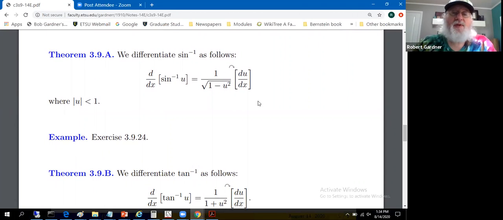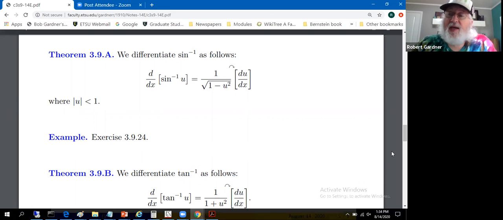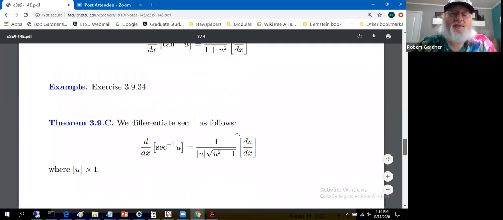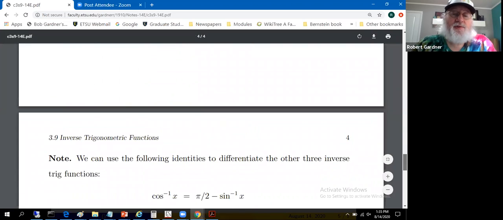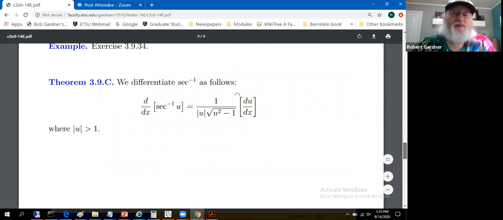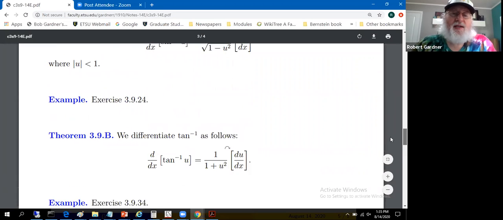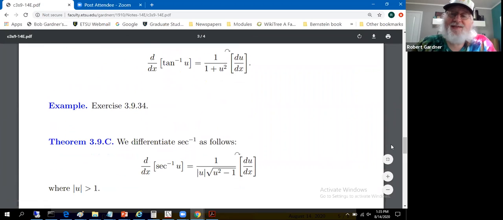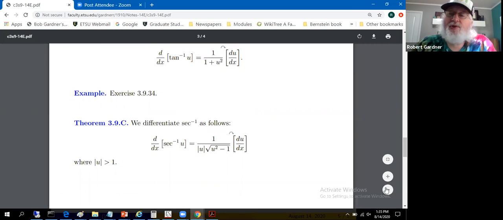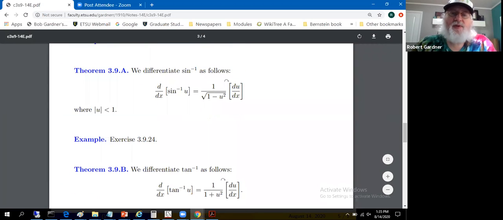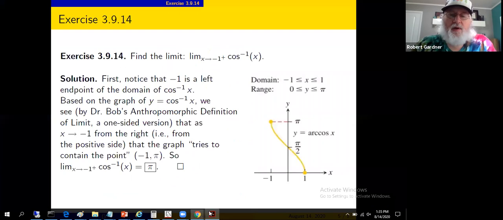So what's to follow is we're going to differentiate sine inverse, give an example, differentiate tangent inverse, give an example, and differentiate secant inverse. I guess I don't have a specific example of that one. But notice what we're differentiating is sine inverse, tangent inverse, and secant inverse, so we're not doing the inverse cofunctions yet. So as promised, first we'll go through these three. All right.